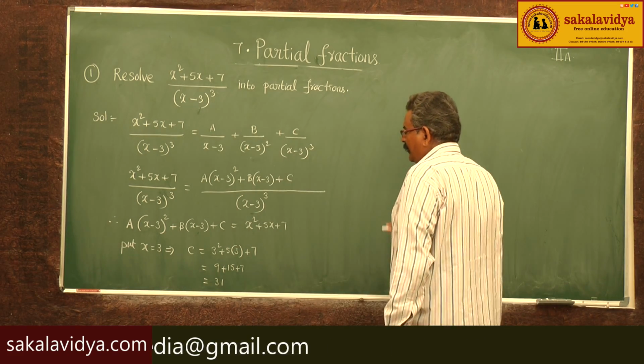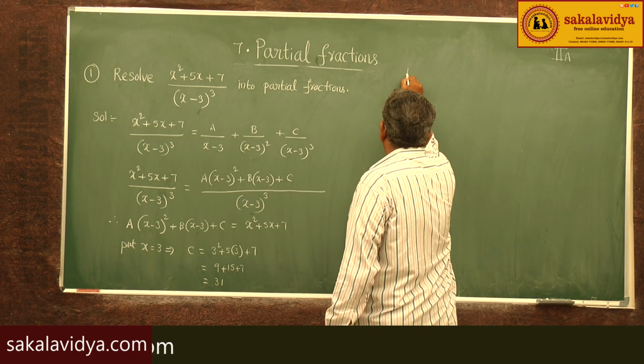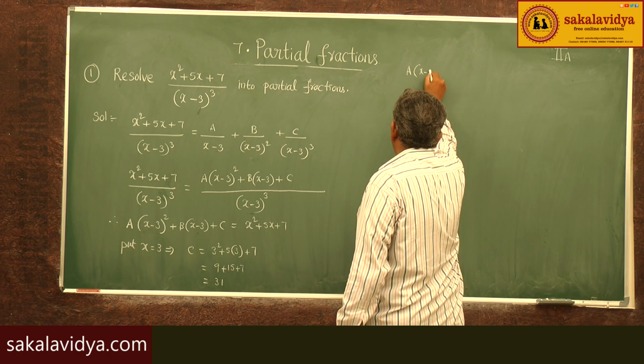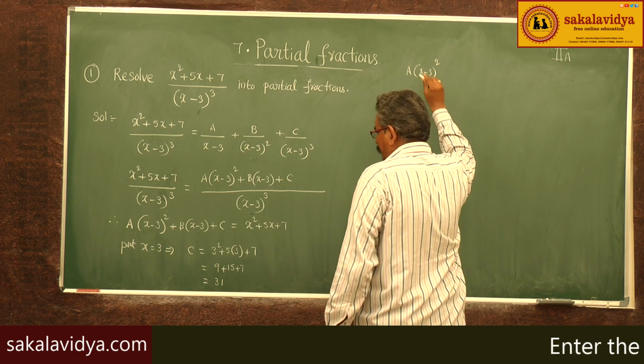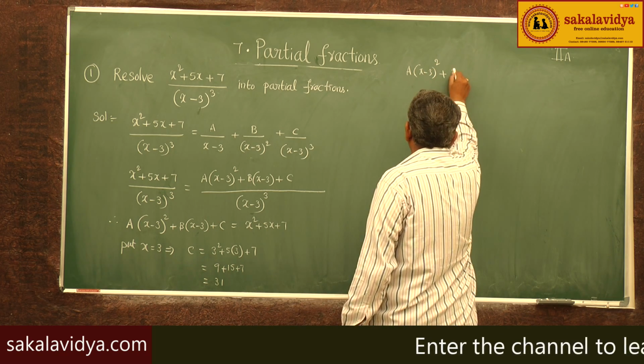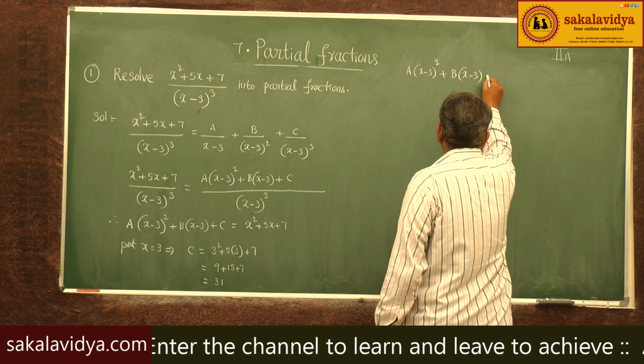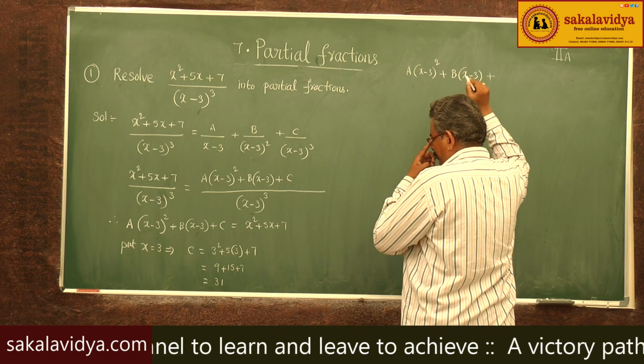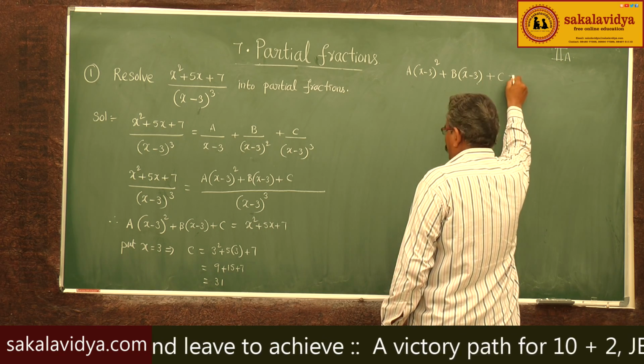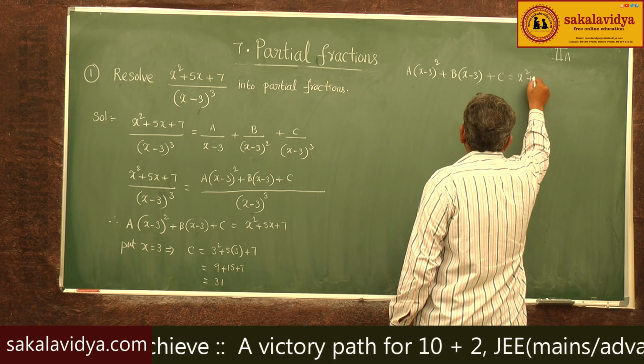So now, a into (x minus 3) whole square plus b into (x minus 3) plus c equals x square plus 5x plus 7.